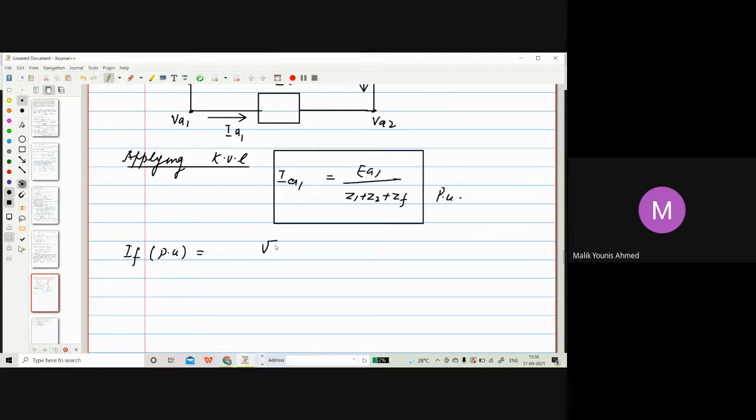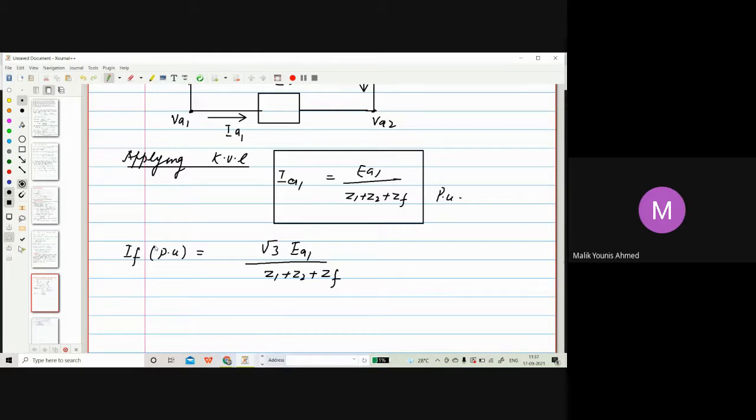So we can write for the fault current, under root 3 EA1, divided by Z1 plus Z2 plus ZF. Okay, this is the fault current.